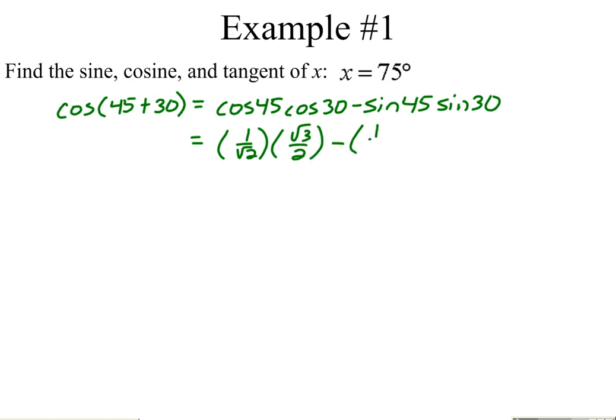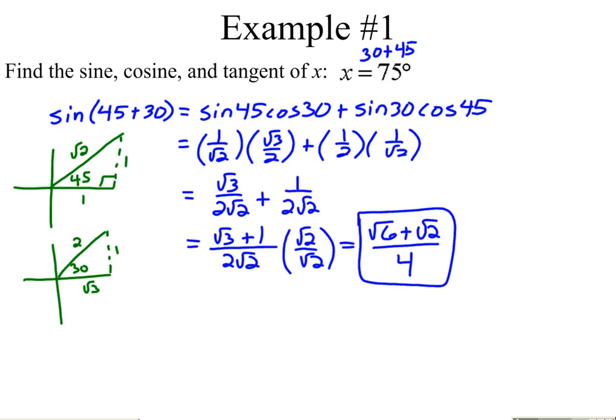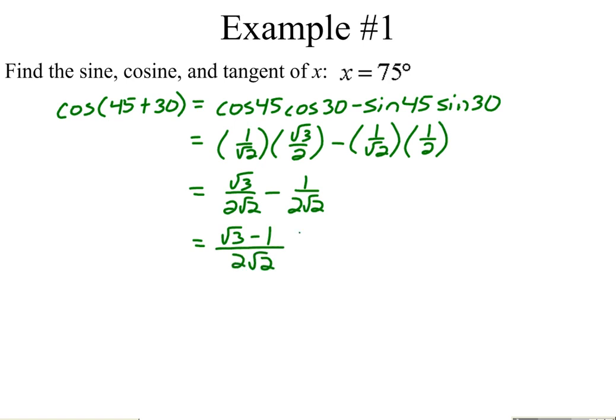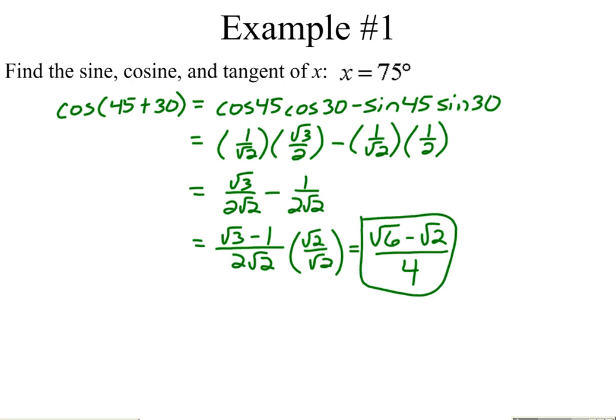Sine of 45, 1 over root 2. Sine of 30 is 1/2. Simplify. Root 3 over 2 root 2 minus 1 over 2 root 2. Add the fractions and rationalize. Root 6 minus root 2 all over 4. There's the cosine of 75.